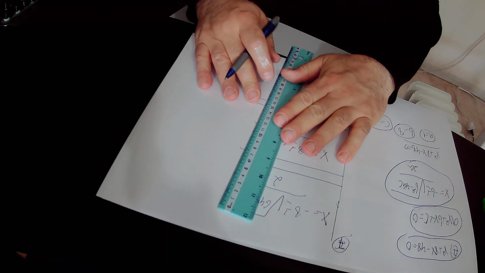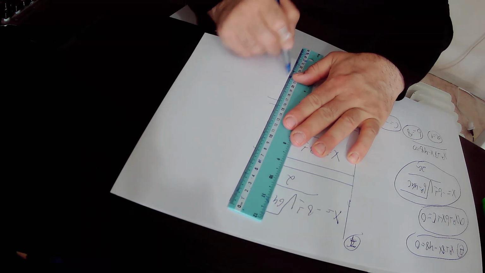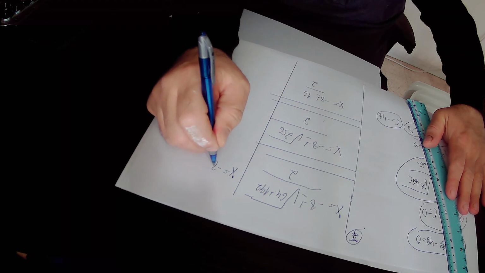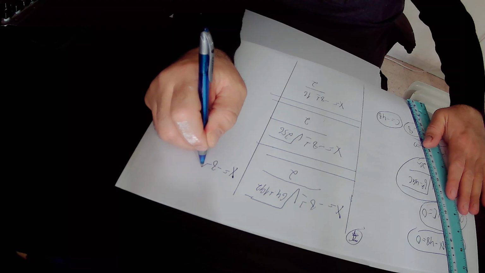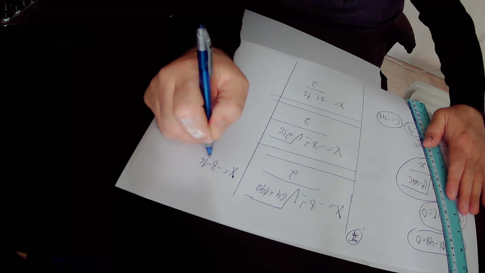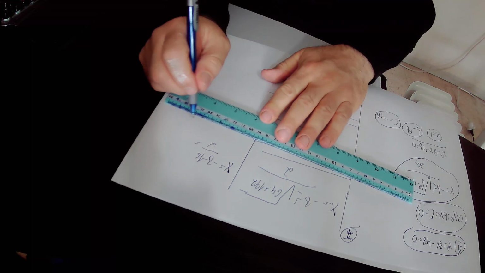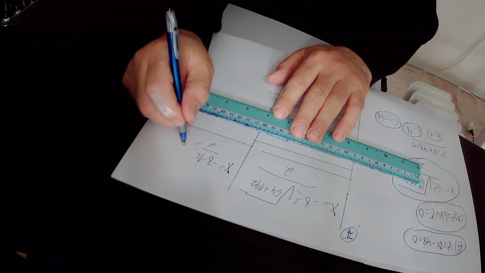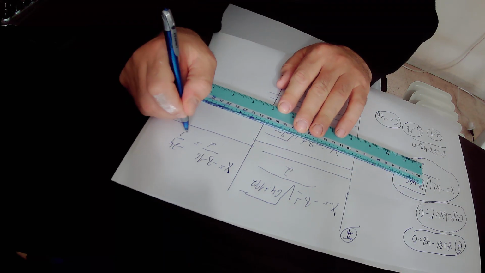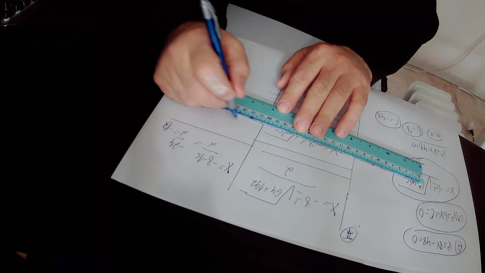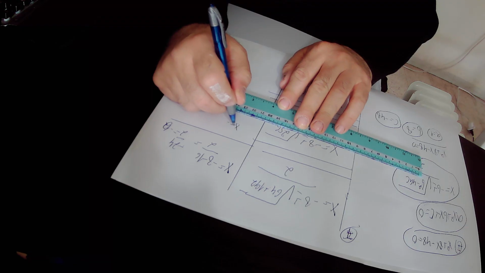The first solution is x equals minus 8 minus 16 over 2. Minus 8 minus 16 is minus 24, and minus 24 over 2 is minus 12. So according to the first solution, x equals minus 12.